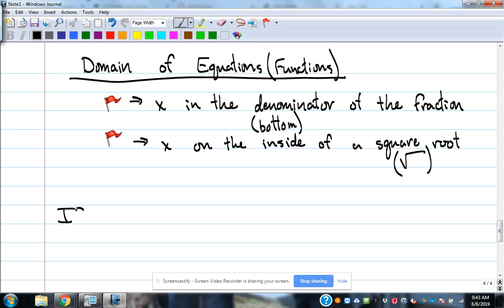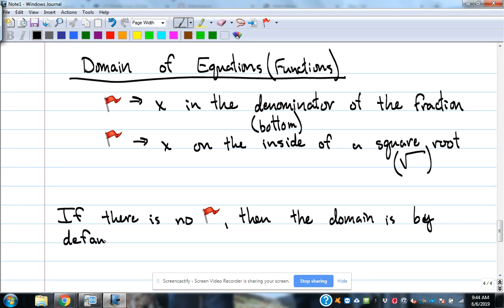If there is no red flag, then the domain is by default all real numbers.